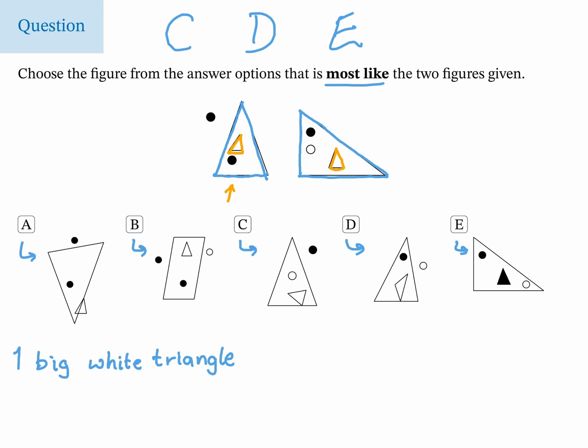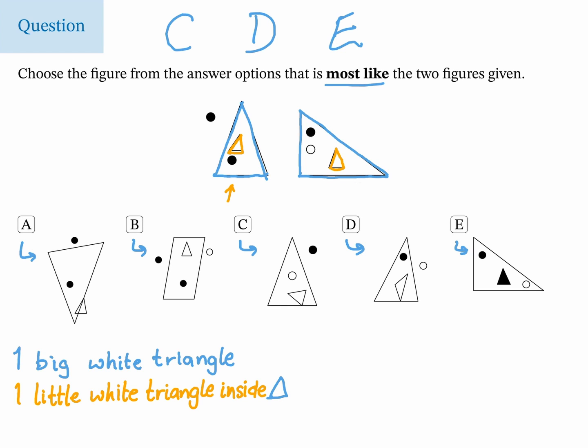Because then I can write a similar thing for the little white triangles inside. We can say that there's one little white triangle. Sorry, I'm going to write this a little bit higher up because there's another thing we'll need to write shortly as well. One little white triangle inside the big white triangle. And I'm going to represent that using blue because that's what we've used to talk about the size of the big white triangle.